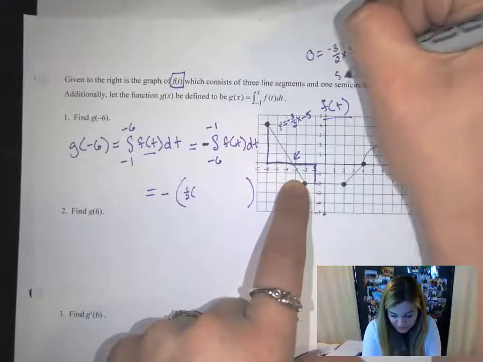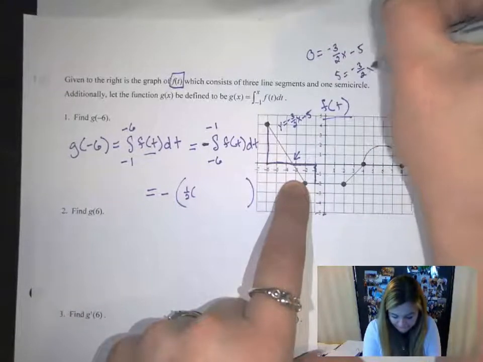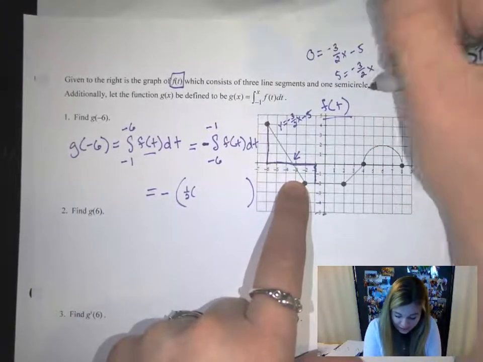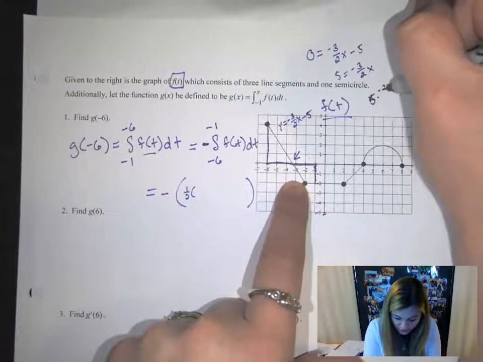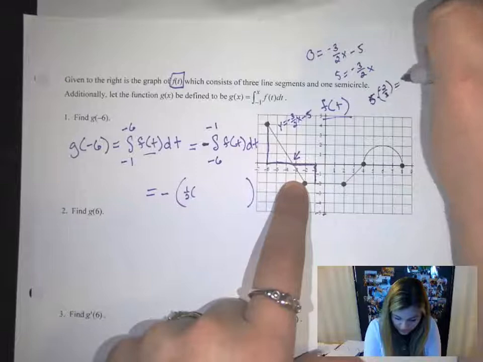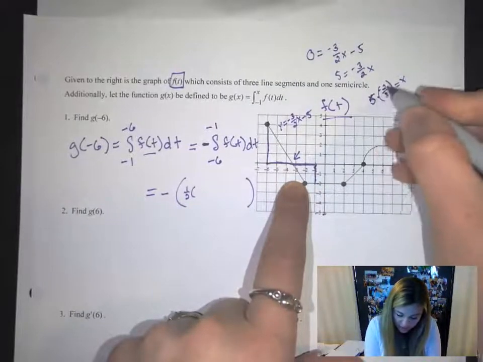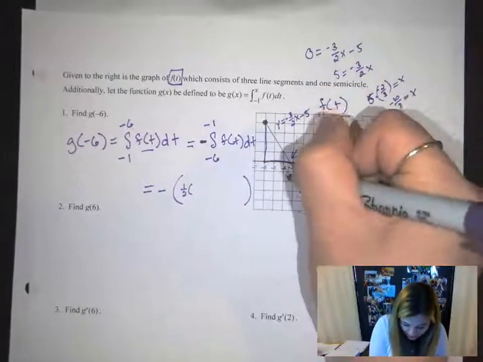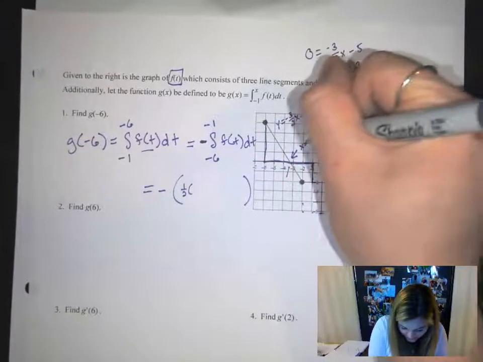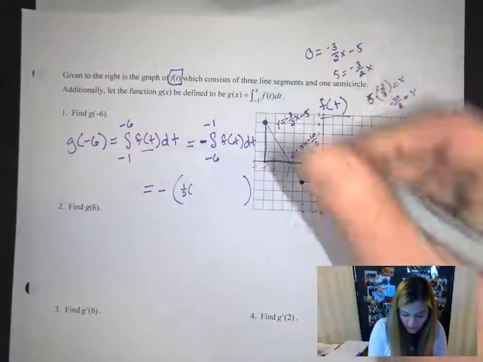Add 5 to both sides. Multiply both sides by -2/3. That would give me -10/3 is equal to the value of x. So right there, I've got x is equal to -10/3. That's the point when y is 0.